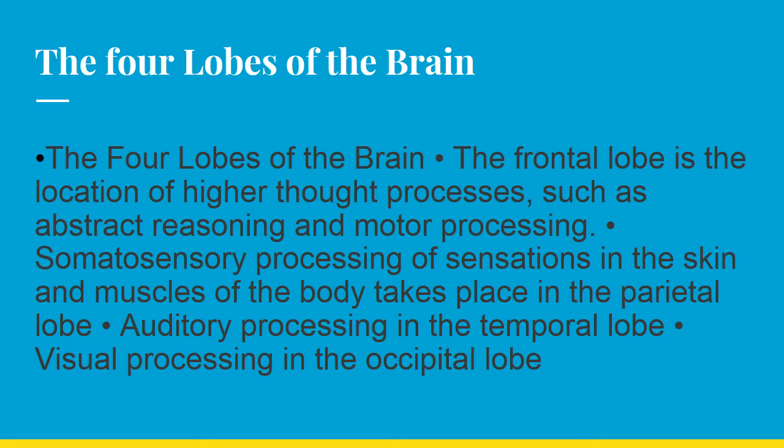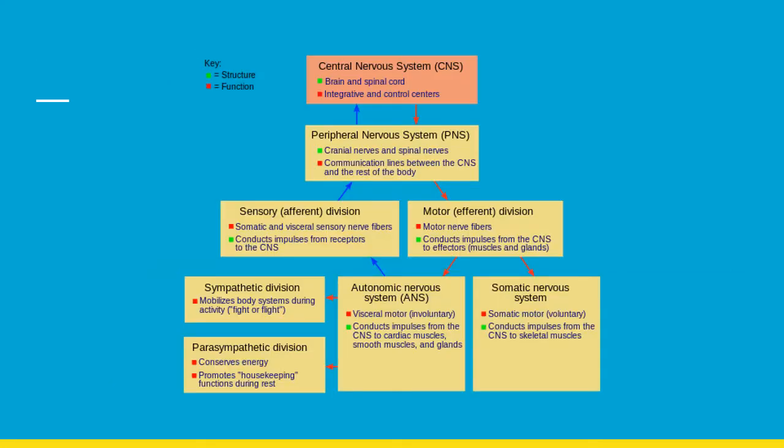Then the temporal lobe takes charge of the auditory processing, and visual processing is being done in the occipital lobe. So again, this flow chart, like the previous one, shows the different parts of the central nervous system as well as the functions.